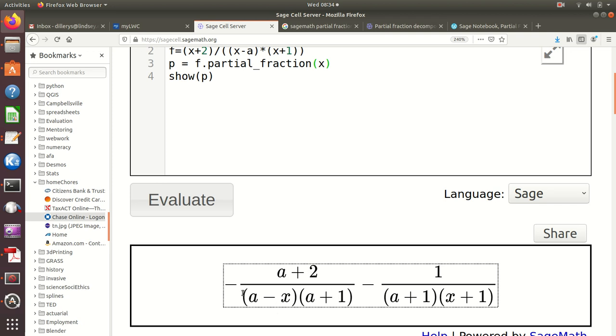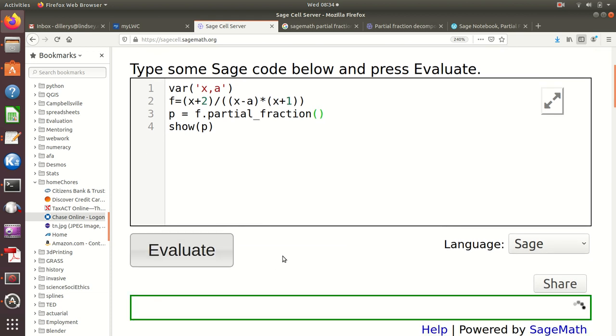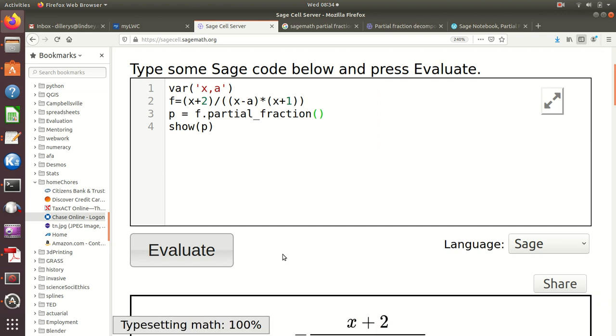And I get 1 minus x, but a minus out in front, so that'd be positive 3 halves over x minus 1. So that is the correct answer if a equals 1, as we had, and this one is a minus 1/2 over x plus 1. So that's correct. So let's take that x out of there. So I might have spoken too soon that works.